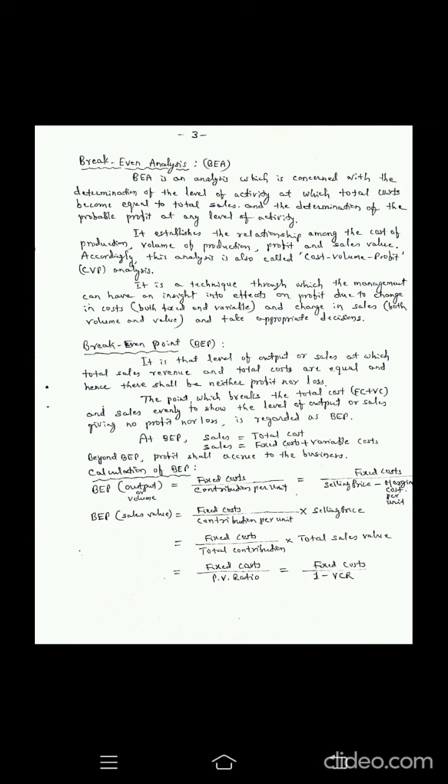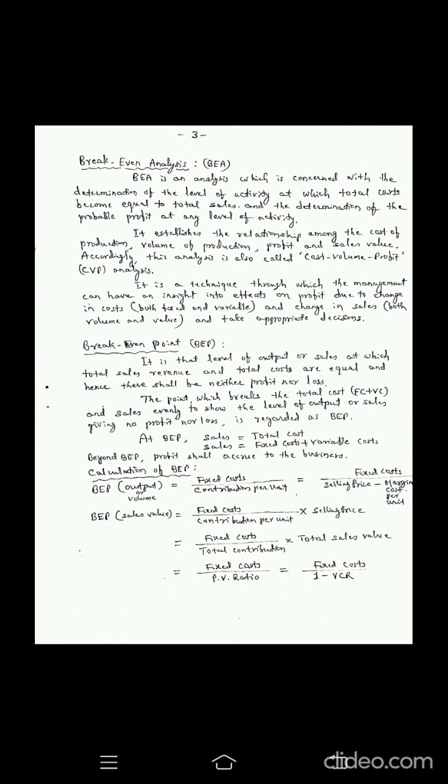Volume in the sense quantity of output produced or quantity of goods sold. On the other hand, it can also be computed in terms of value. Accordingly, we have different formulae. Let us consider them one by one.